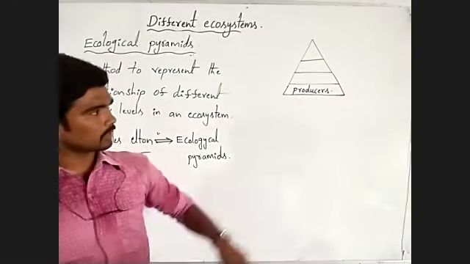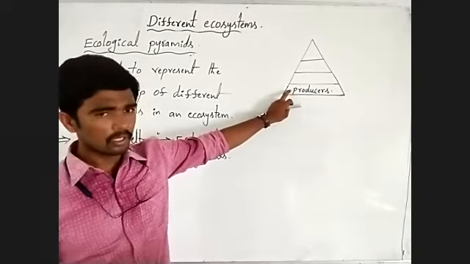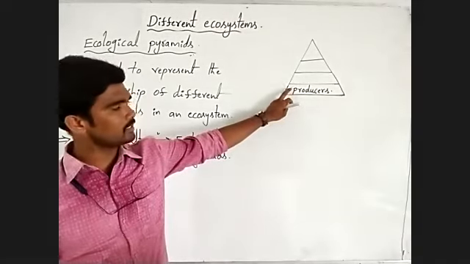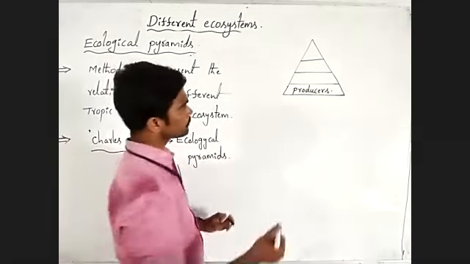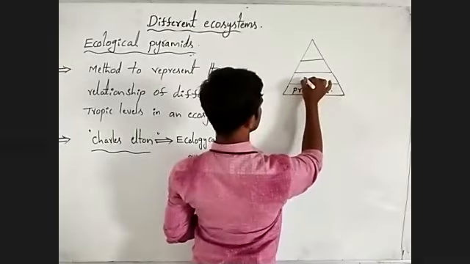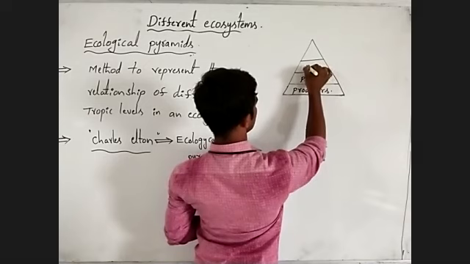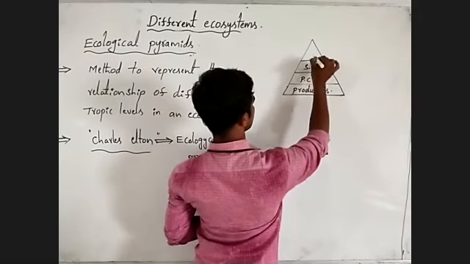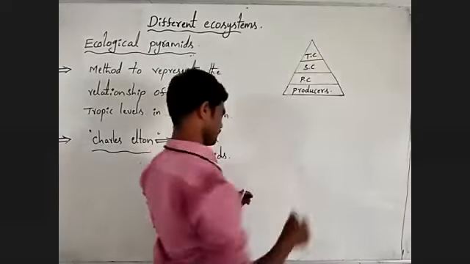Understanding? For the producer, we have to mention only producers here. Next bar for primary consumer, next bar for secondary consumer, next bar for tertiary consumer.